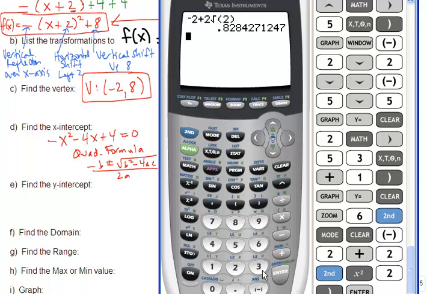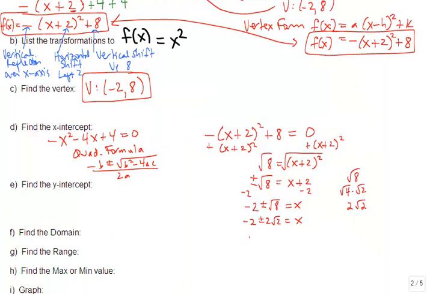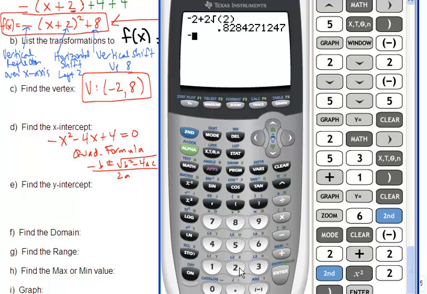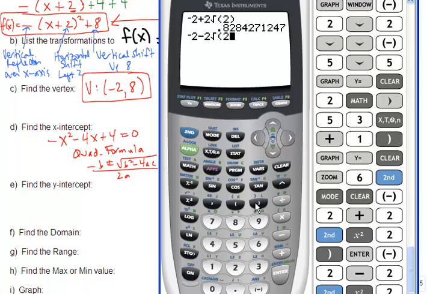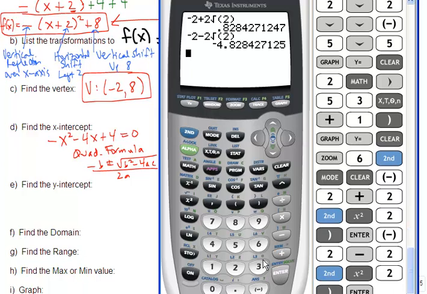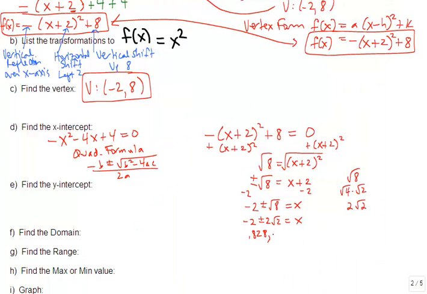So that would be 0.828 for the plus case. And then I would go and do negative 2 minus 2 square root of 2 for the minus case. So that would be negative 4.828. So those are my two x-intercepts.